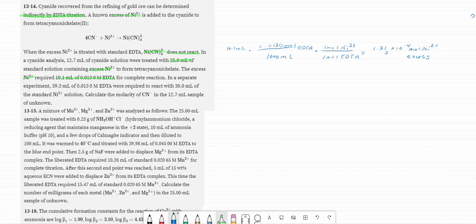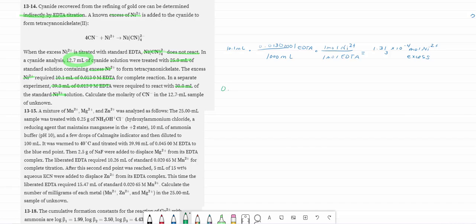In a separate experiment, 39.3 milliliters of this EDTA was required to react with 30 milliliters of the standard nickel solution. So we weren't initially given the concentration of our standard nickel solution, and we need to calculate it using this information.